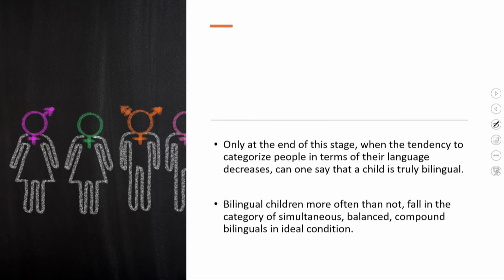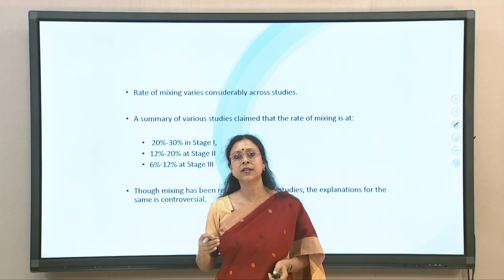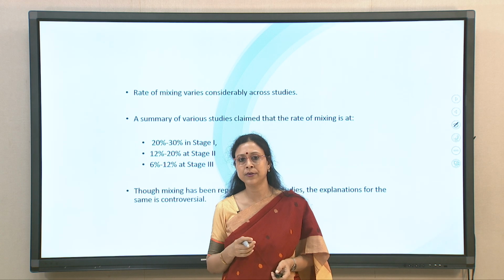At the end of this stage, when the tendency to categorize people in terms of their language decreases, that is when we consider them truly bilingual, because till now, according to the older studies, older research, older theories, scholars thought they were kind of confused between these two. And then many other studies have also ratified this kind of finding, that children do mix a lot in the initial stages of their bilingual acquisition.